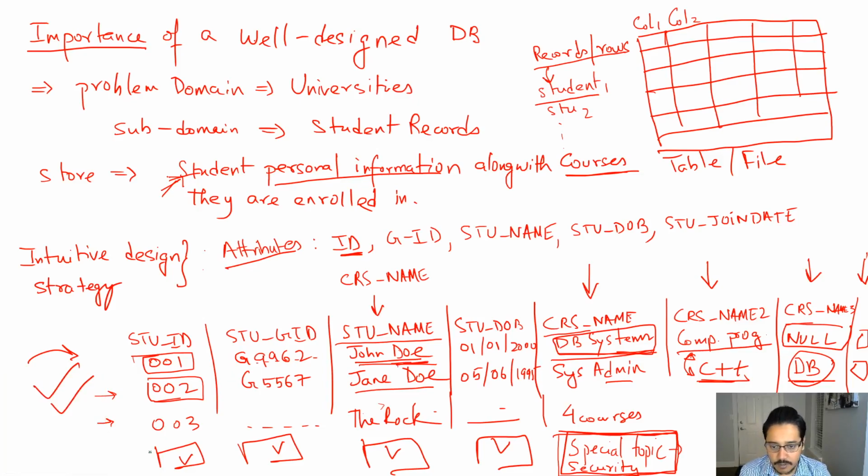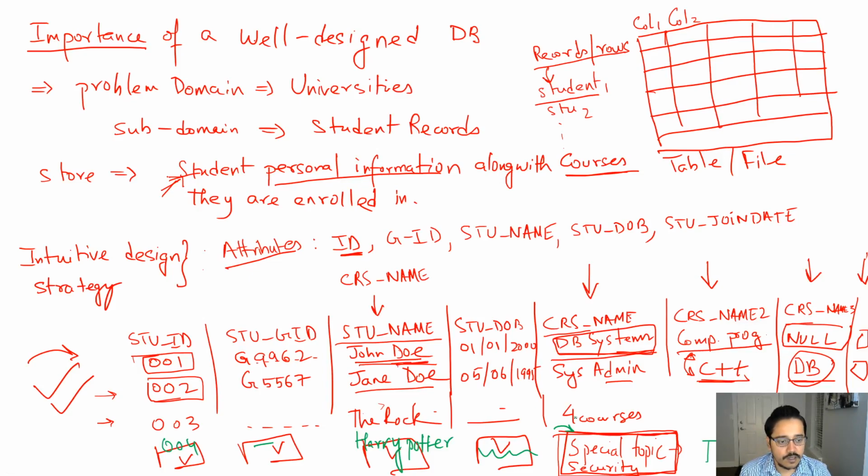So let's say there was 004 and then some GID and then some name, let's say Harry Potter, right? Some date of birth, and Harry Potter had registered for the special topics course. All good, okay? And then you have null values or dummy entries after that, all right?